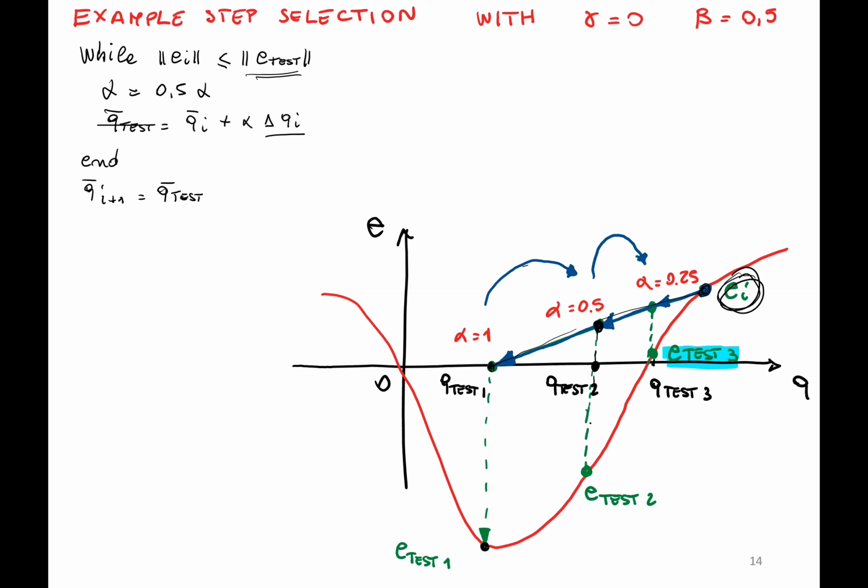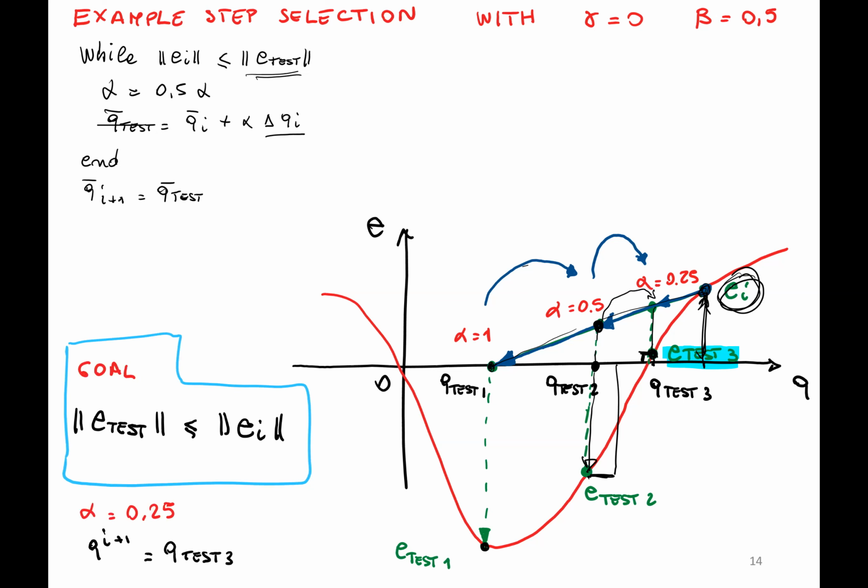At this point, the error is still bigger in terms of norm than this one. So we take half again, and then finally we find this point where the error is smaller than this one, and we stop the line search. And this is, we reduce the step to 1/4.